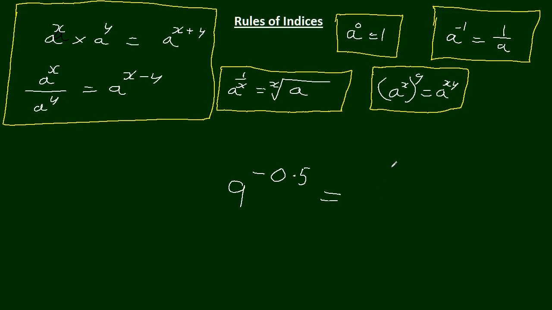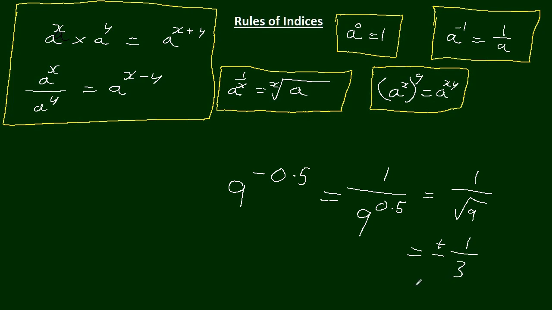So the first thing we can write is this. 1 over 9, and the 0.5 stays there. We know that that is like rooting it here. So that is going to be 1 over the square root of 9, which equals plus or minus 1 over a third.